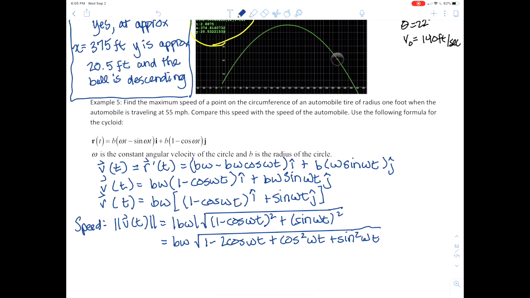And that's nice because isn't that just equal to 1?